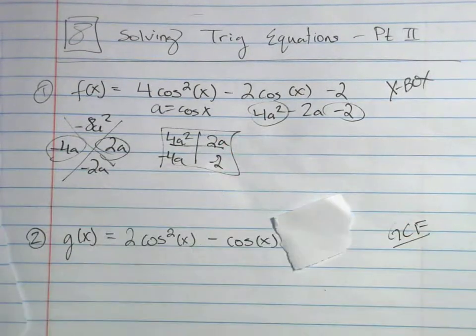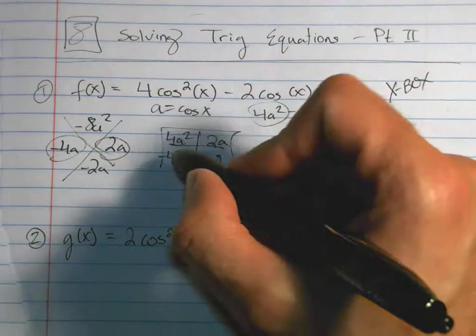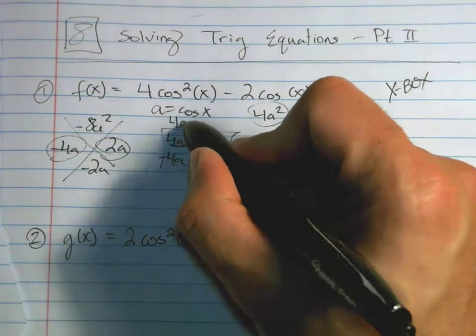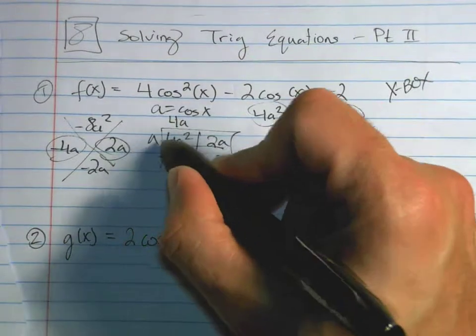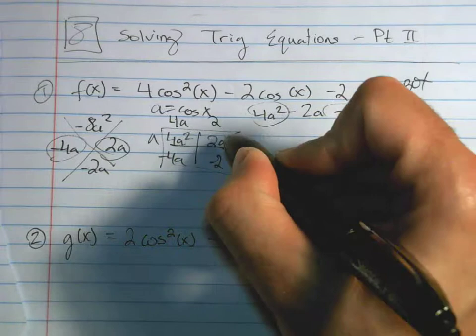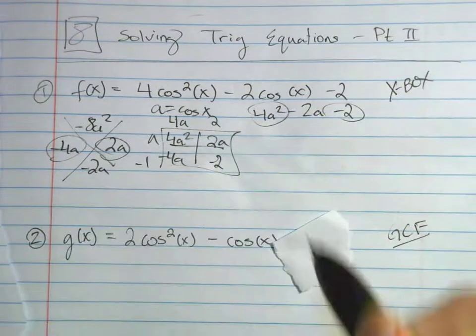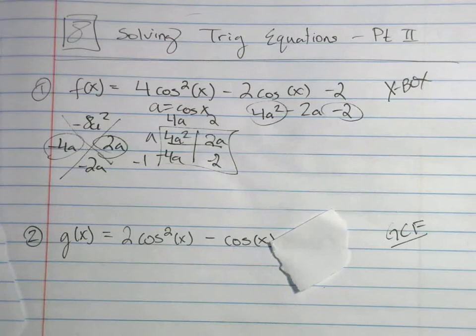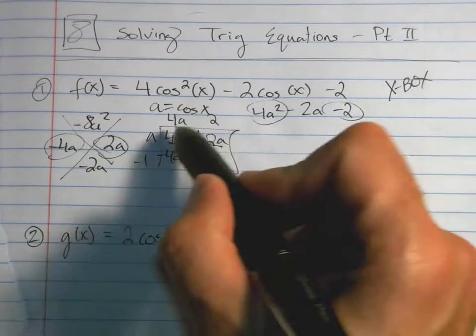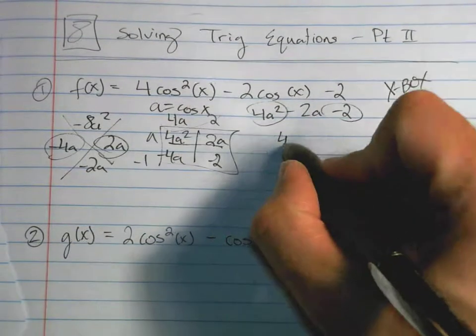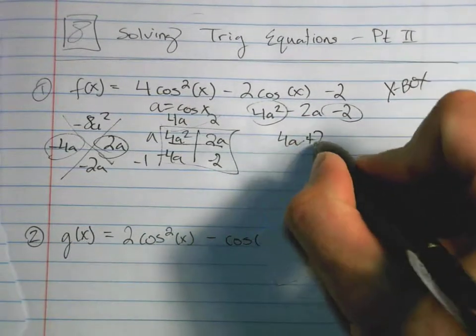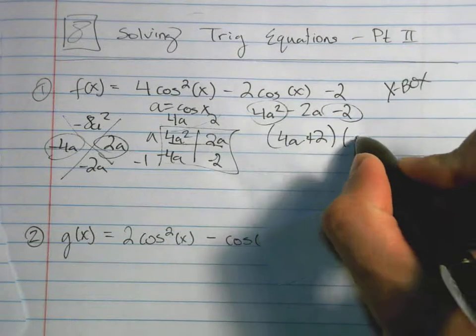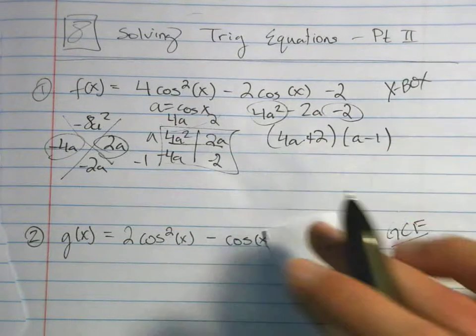So what do these guys have in common? Well, it looks like that has a 4a in common. These have an a in common. These have a 2 in common, and a negative 1. That means I can now rewrite my expression as (4a plus 2) times (a minus 1).